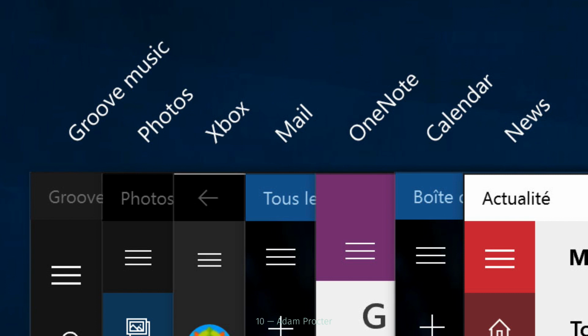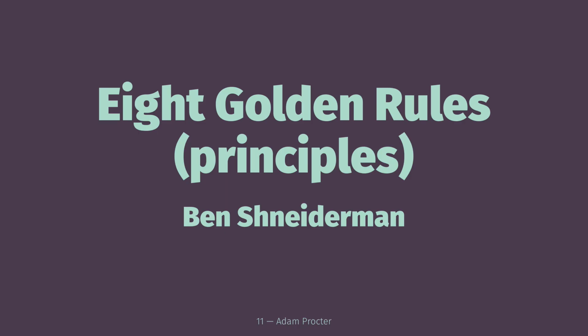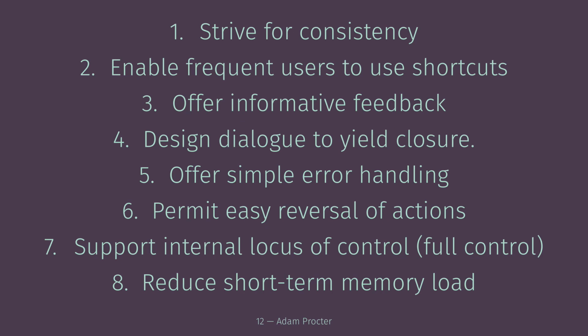So our human-computer interaction needs to understand that at the basic level, and then there's some principles that we can apply on top of that from a few key people. So Ben Schneiderman came up with the 8 golden rules. We're calling them principles, and I'm just going to give you some examples of how these are being utilised, and you can see them in different places.